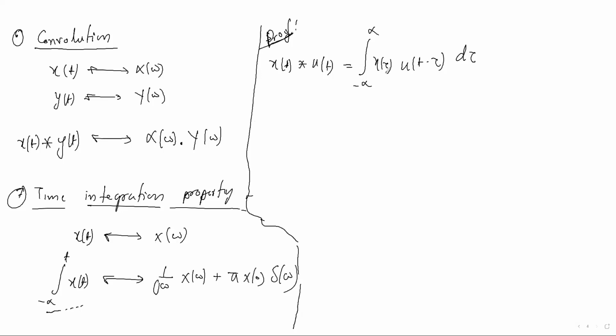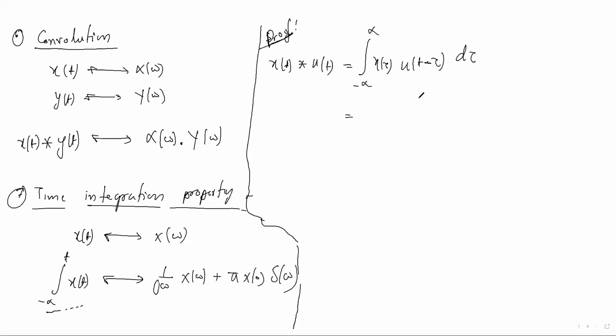This is the formula of the star. Since u of t minus tau is given, it is a right shift, by how much? Tau.